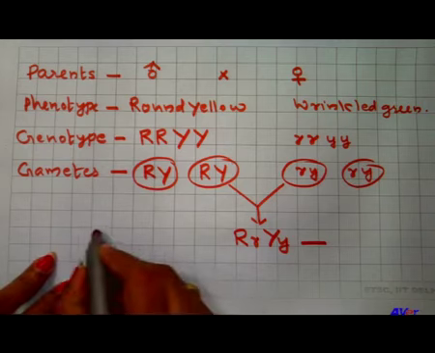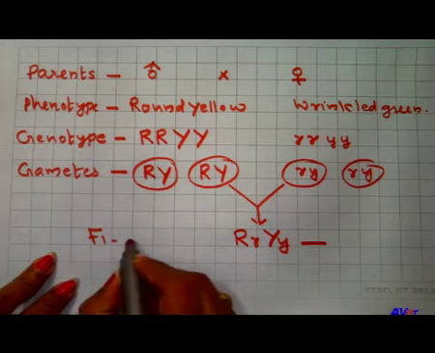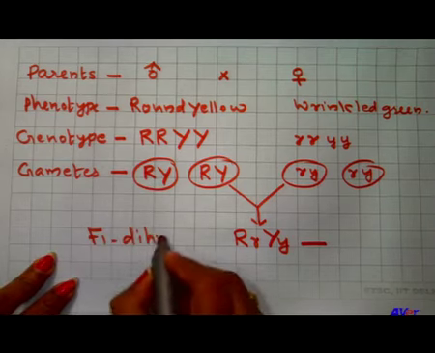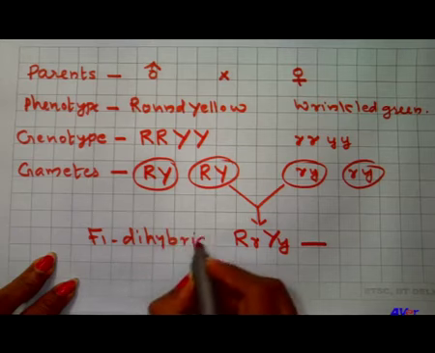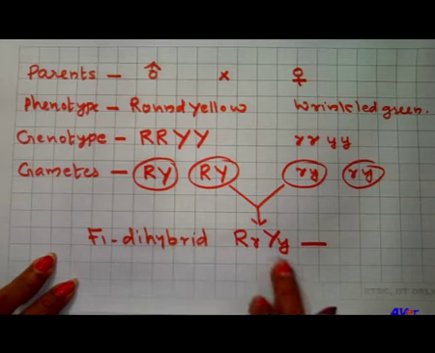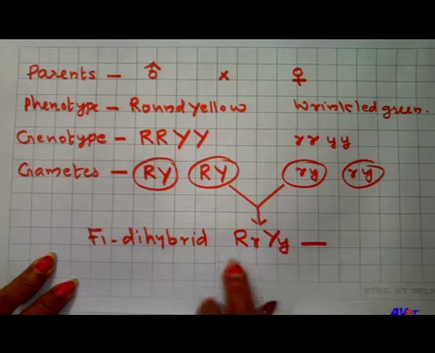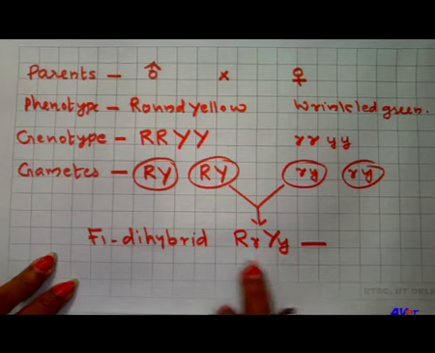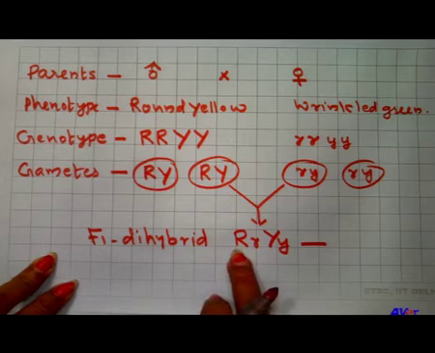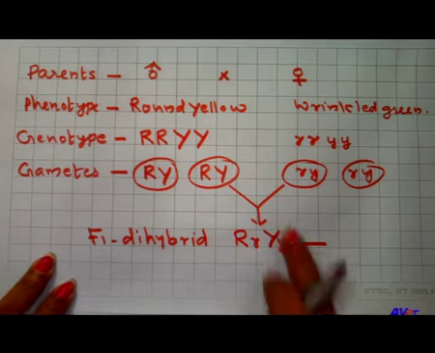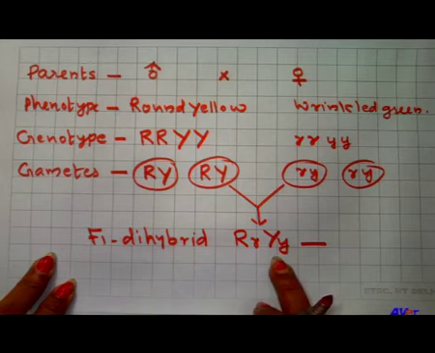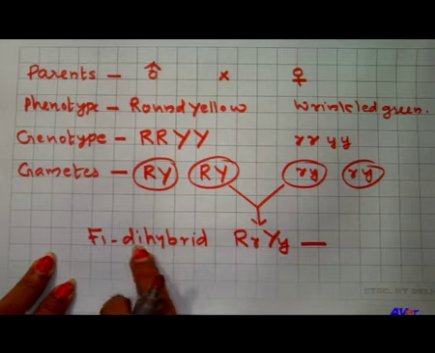This is the F1 dihybrid, the F1 generation, and it is heterozygous for 2 pairs of alleles. First pair capital R, small r, second pair capital Y, small y. So, it is a dihybrid.